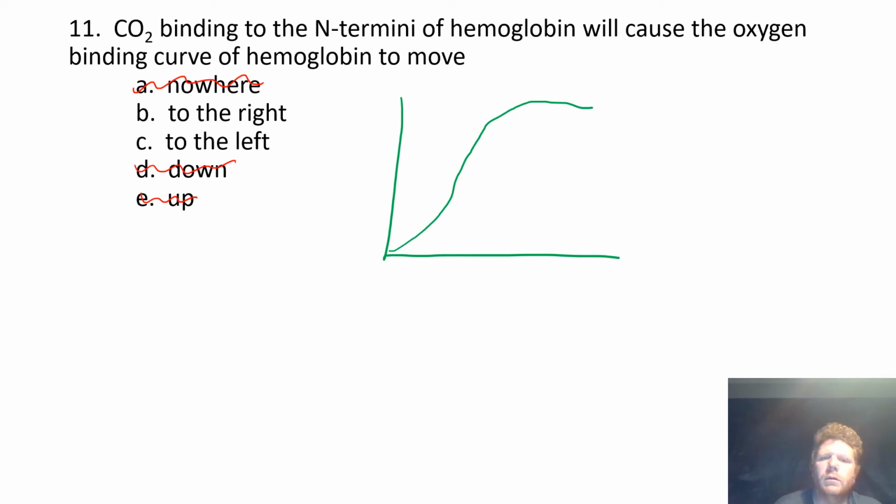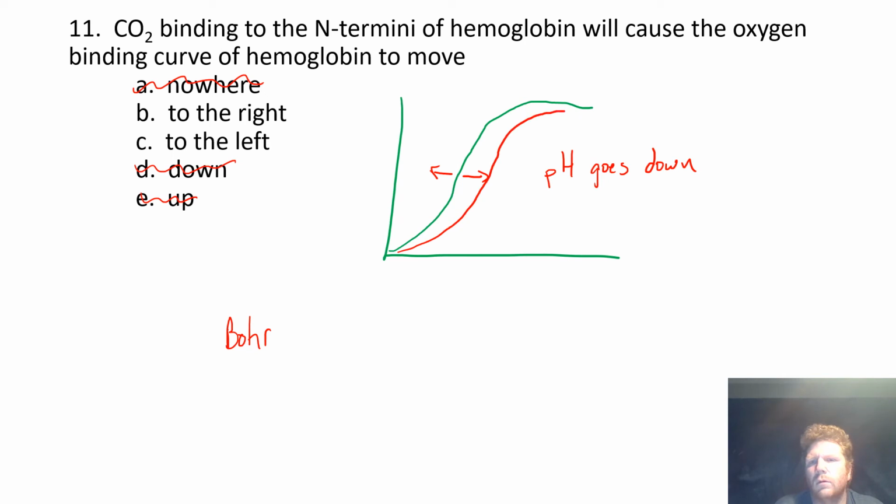And we looked at a slide that talked about the Bohr effect, and that was with studies of O2 binding and pH. And from a physiological pH, what we saw was that as our pH goes down, our oxygen binding curve, the O2 curve, moves right.